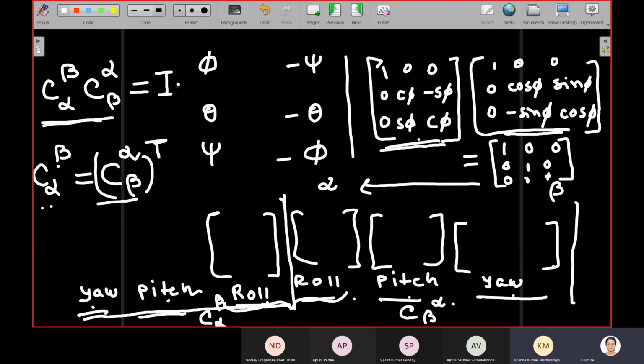So from this equation we can say that C beta to alpha is actually the inverse of C alpha to beta. And then from this equation we can write C alpha to beta is actually the inverse of C beta to alpha. So if we equate these two, we see that the transpose of the coordinate transformation matrix is its inverse.